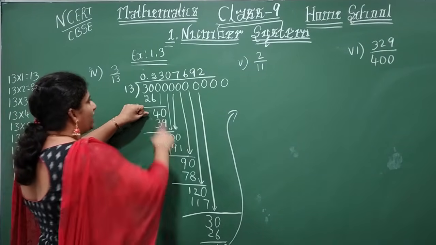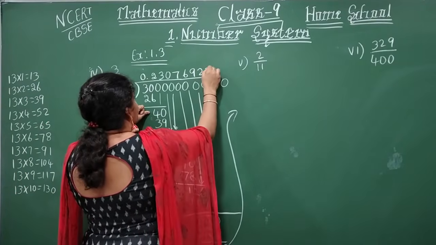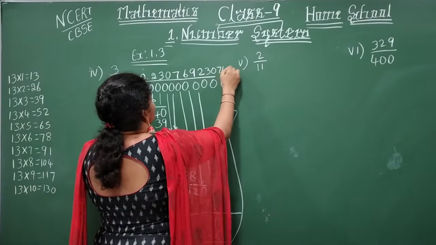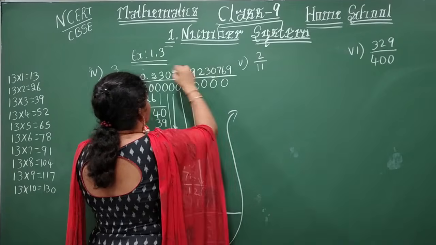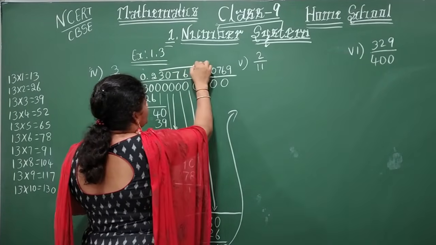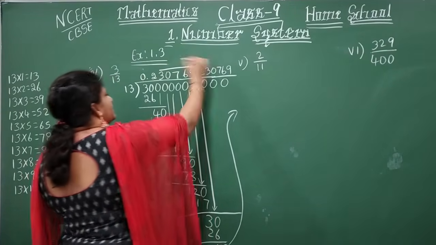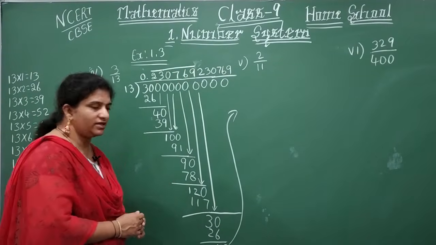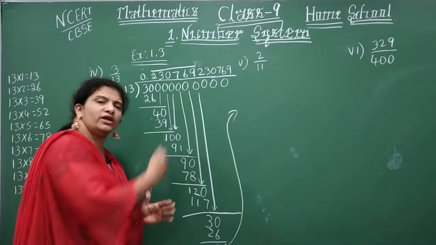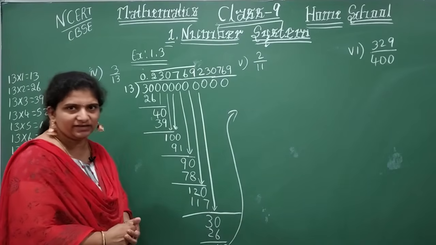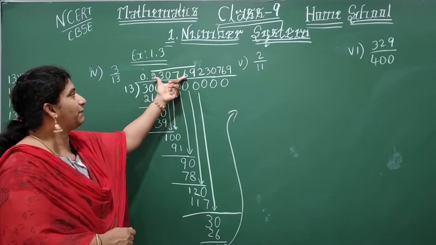Right? It means how much is this answer children? 0.230769, like this 230769 means 769. Now observe here children, you go on doing your division, it never ends. It is repeating.